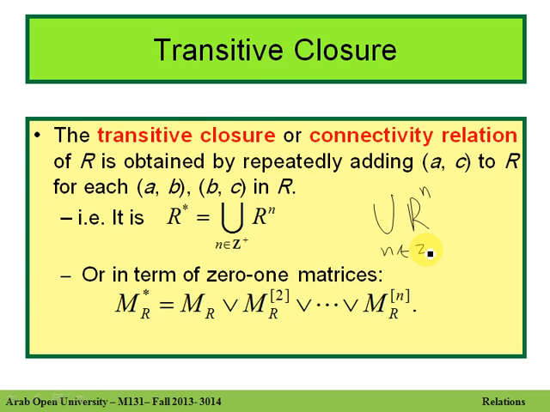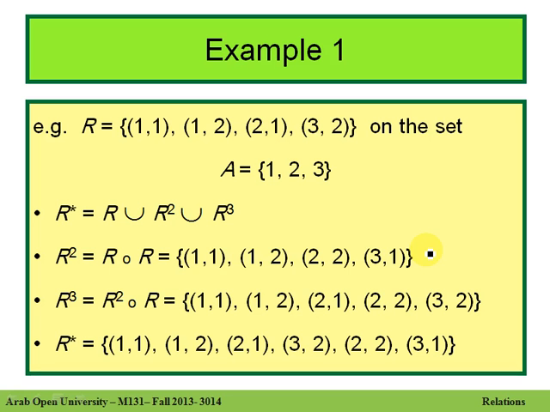Now here let us take R. This is the relation given: (1, 1), (1, 2), (2, 1), (3, 2). Now here, what is missing for us? If there is (1, 2) and (2, 1), there should be (1, 1).